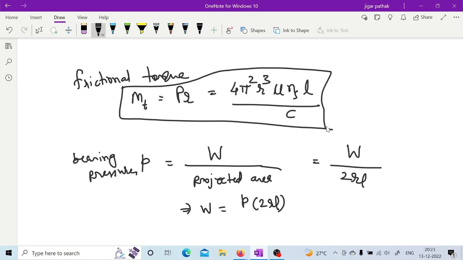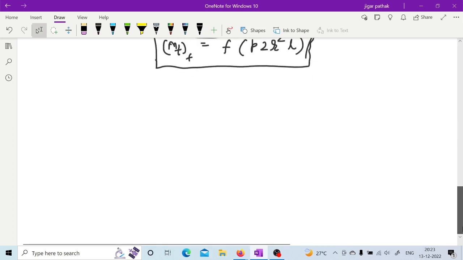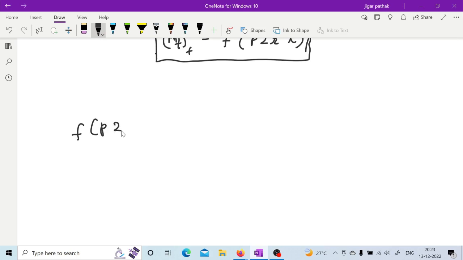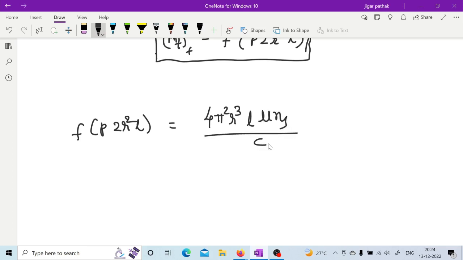So if we equate them, then we can get the value of F, that is nothing but the coefficient of friction. So F into P 2R square L will be equated to 4 pi square R cube L mu n s upon C.